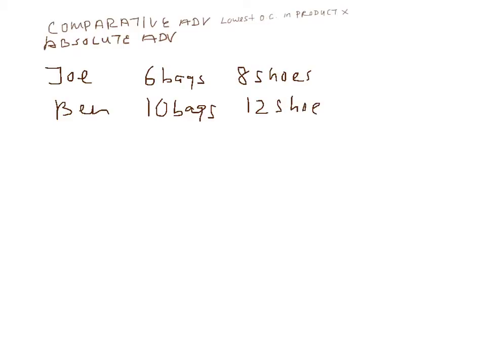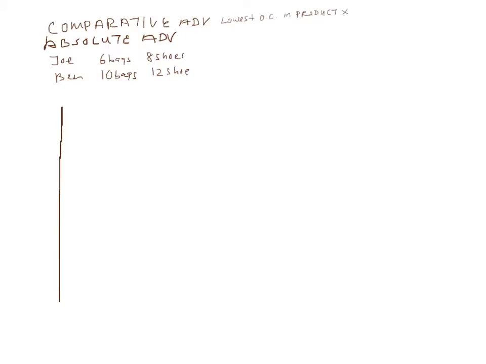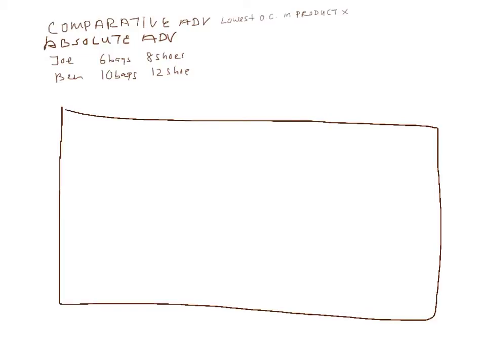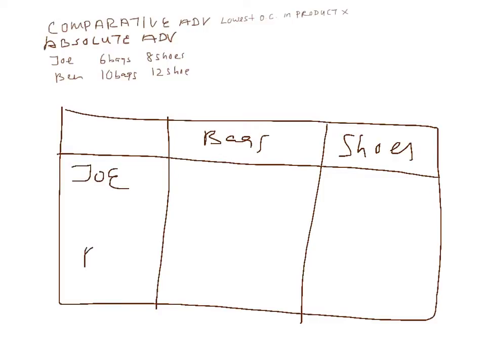So we can use this information, put it in a table, and look at our absolute advantage. Okay, so we can just draw a table. Shoes, bags, Joe and Ben.